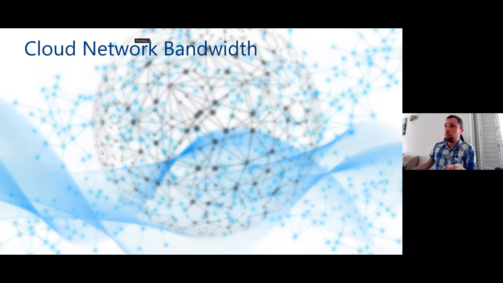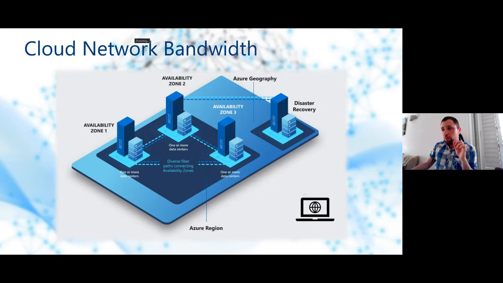Now about network bandwidth. I won't go too deeply into this because it is a very complicated topic. I would just say in a few words that outside traffic into the Azure network, from your on-prem estates, whatever it is, is free.